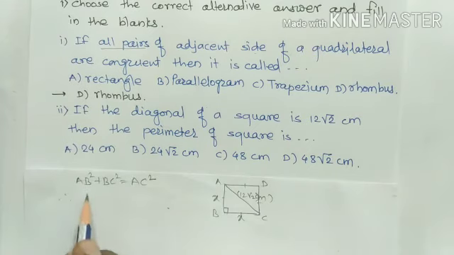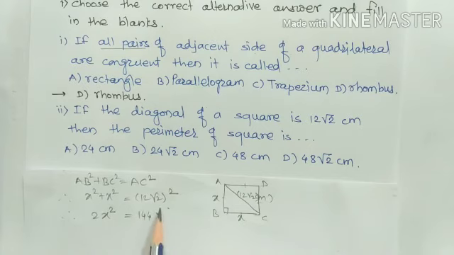And therefore here AB equals x, it is x square plus x square equals 12 root 2 square. Therefore x square plus x square, it is 2x square equals 144 into root 2 square, it is 2, and therefore x square equals 144 into 2 upon 2.